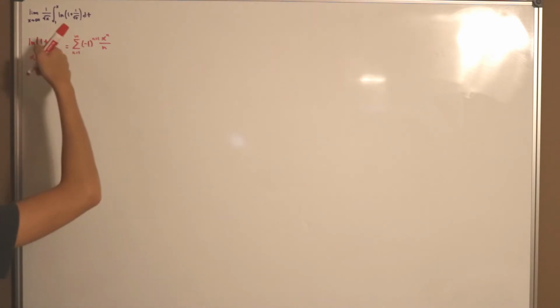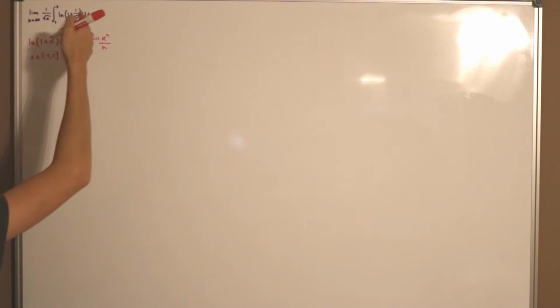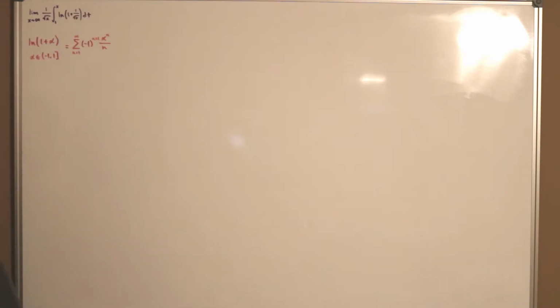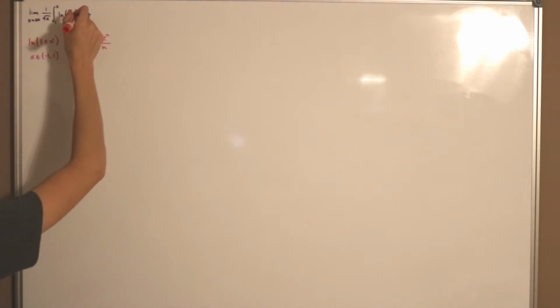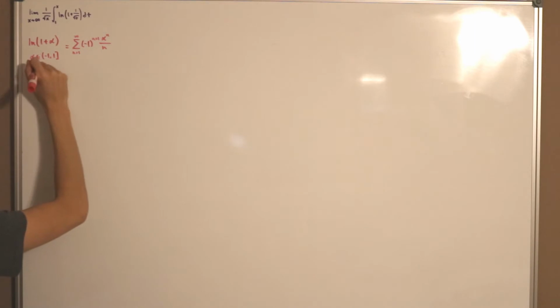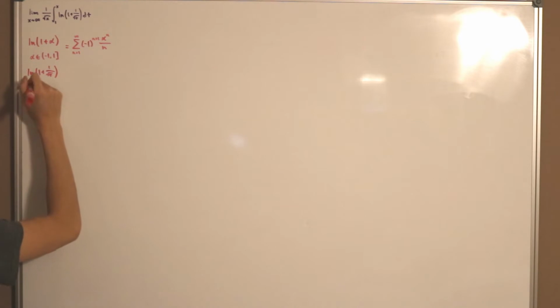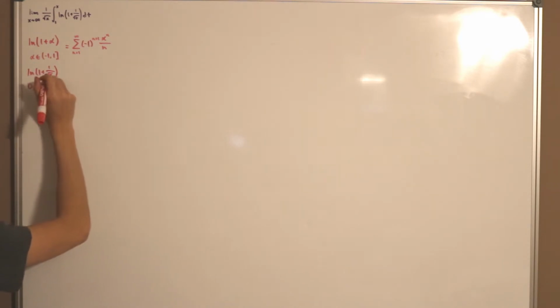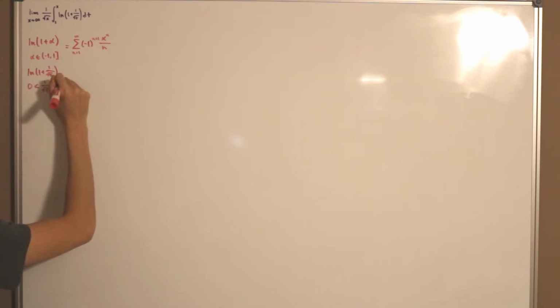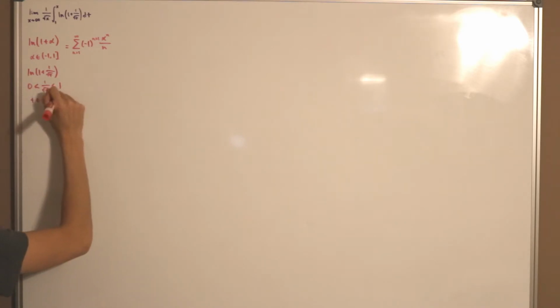So we're going to be replacing the natural log of 1 plus 1 divided by square root of t with its Taylor series. We just let alpha equal 1 divided by square root of t. When we do this, alpha is greater than 0 and less than or equal to 1, such that t can be between 1 and infinity.